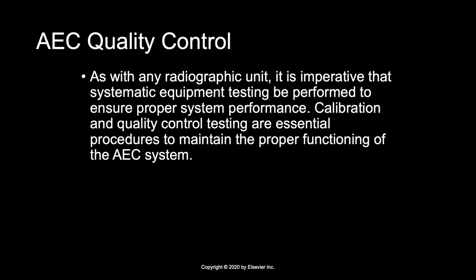So it is very important that systematic equipment testing be performed to ensure that proper system performance, calibration, and quality control testing are essential procedures to maintain the proper functioning of the AEC system. So we have to make sure and do quality control checks on pretty much every part of the x-ray machine to make sure it's working, and proper maintenance as well.